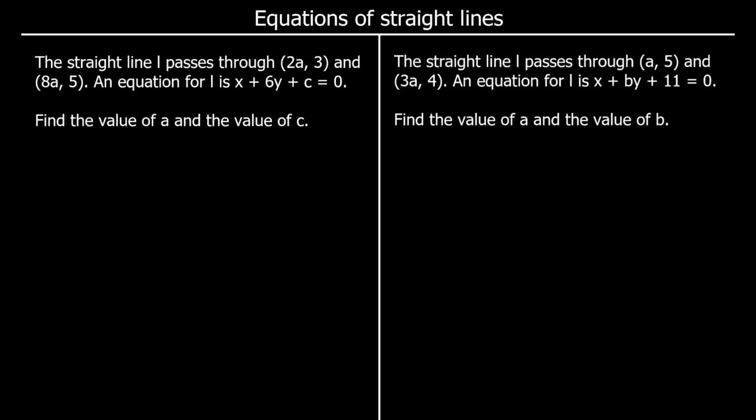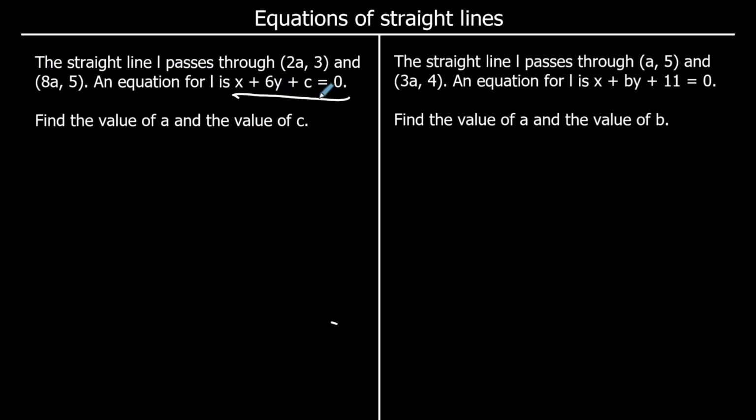Here's another question. The straight line L passes through (2a, 3) and (8a, 5). An equation for L is x plus 6y plus c equals 0. Find the value of a and the value of c. We can use the equation of the line to find the gradient.